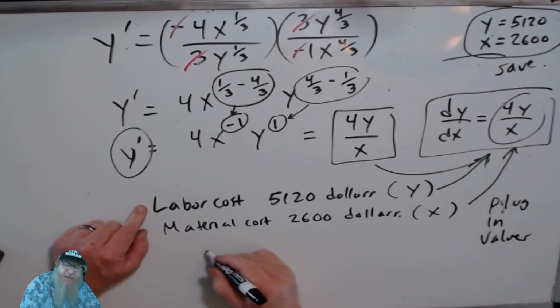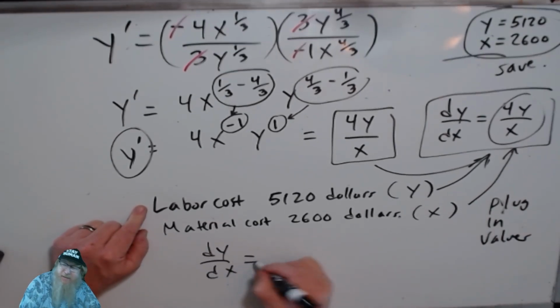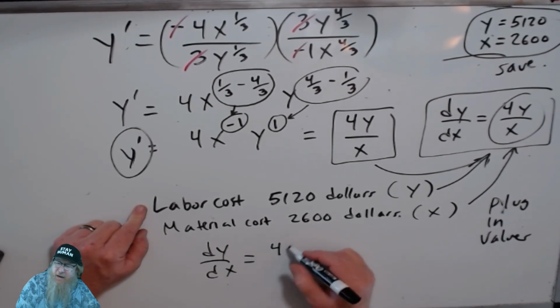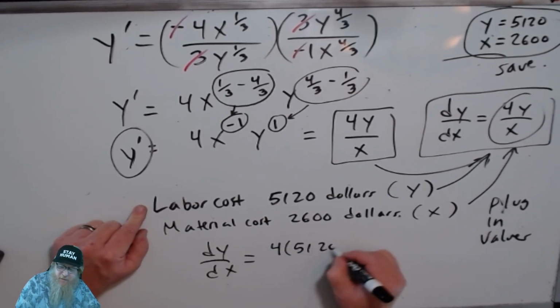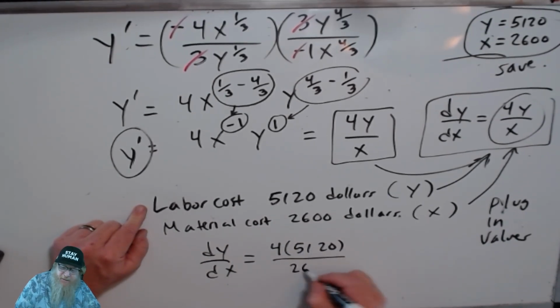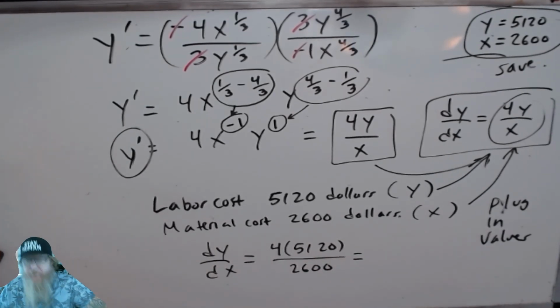And you're going to get dy dx is 4 times 5,120 over 2,600. Four times 5,120.